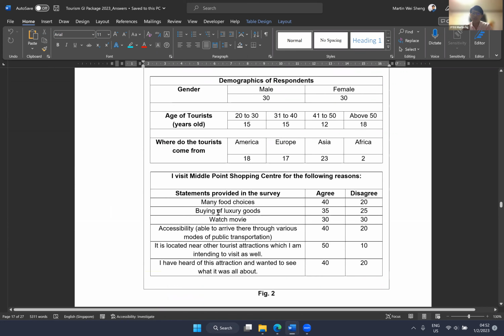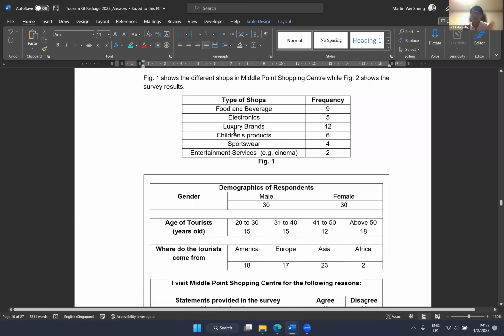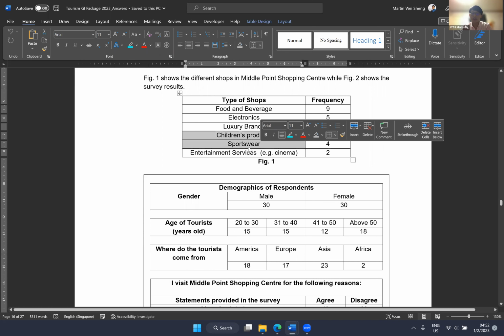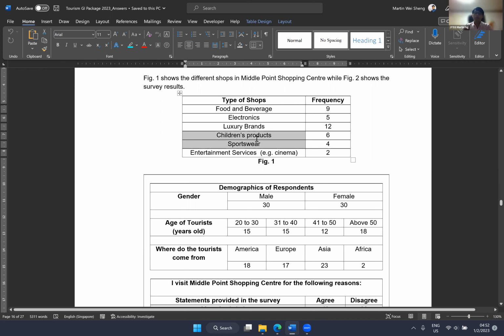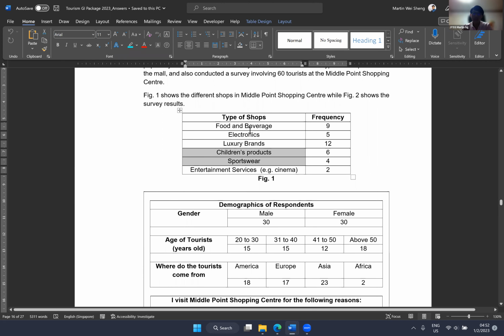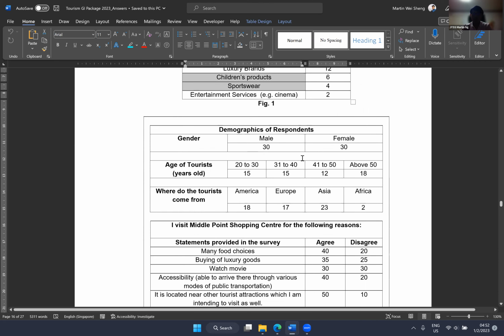Okay, so what this means is that some shops, maybe sportswear and children products, could be the same shop selling both items, right? So in this case, the student might have difficulty deciding if that shop belongs to sportswear or children products. For example, both of these types of shops can sell clothes, right? So the student can find difficulty to decide which one it is.